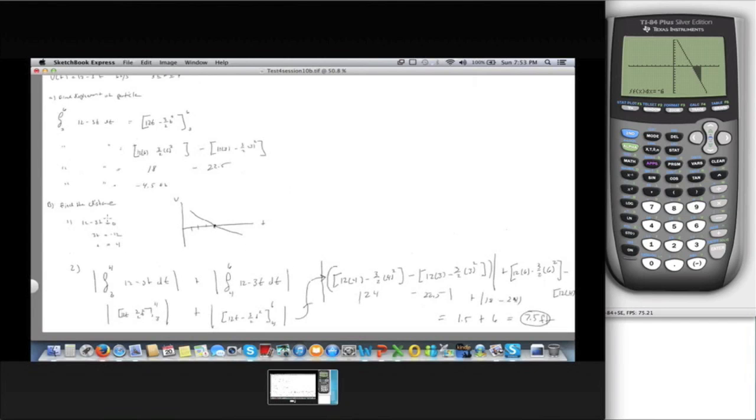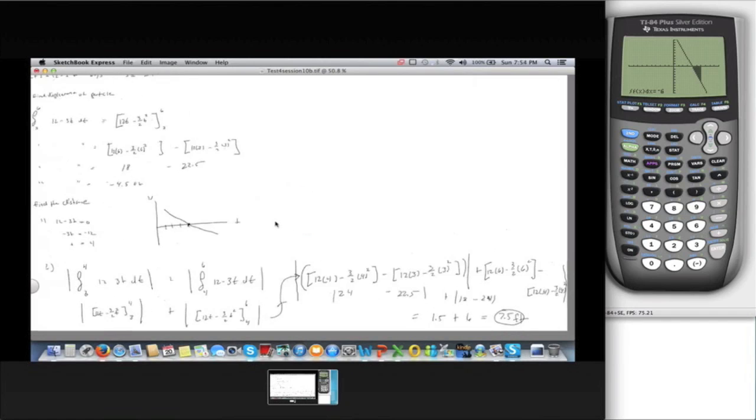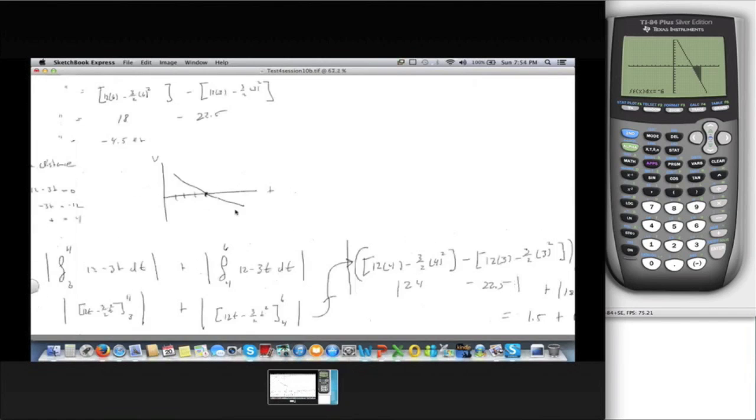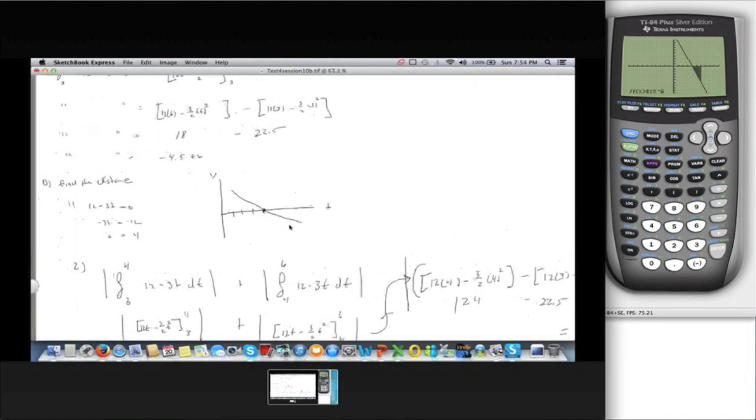Okay, so here's our graph. And we started at 3. We started at 3. We ended at 6.